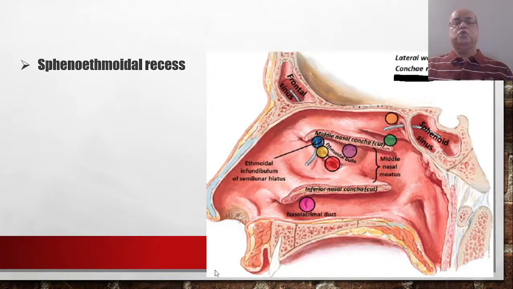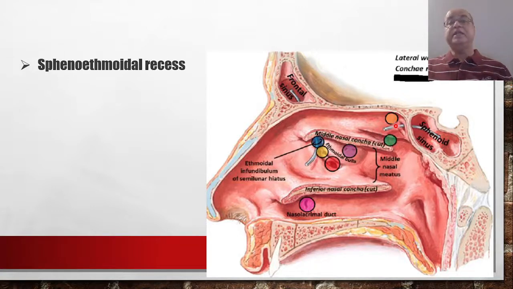Now you must have an idea that the sphenoethmoidal recess is above the superior turbinate. So this is the superior turbinate here, which has been cut. All the turbinates are being cut to show the details of the meatuses. So this is the attachment of the inferior turbinate, this is the attachment of the middle turbinate, and here is the attachment of the superior turbinate.